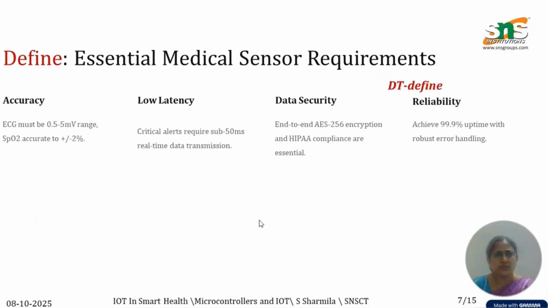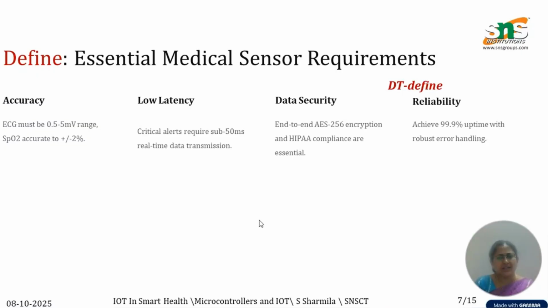Next, move on to the defining stage of design thinking: essential medical sensor requirements. First, accuracy: the ECG must be in the 0.5 to 5 millivolt range, and SpO2 accurate to plus or minus 2%.